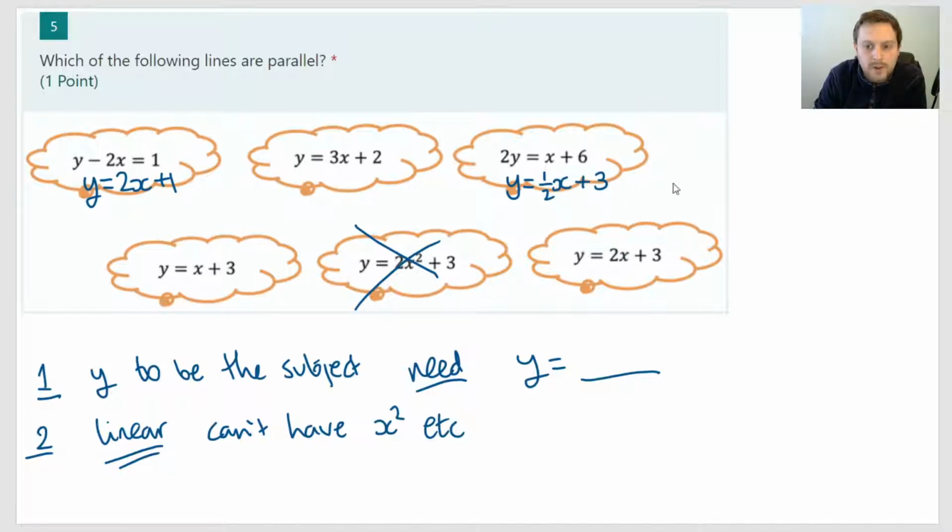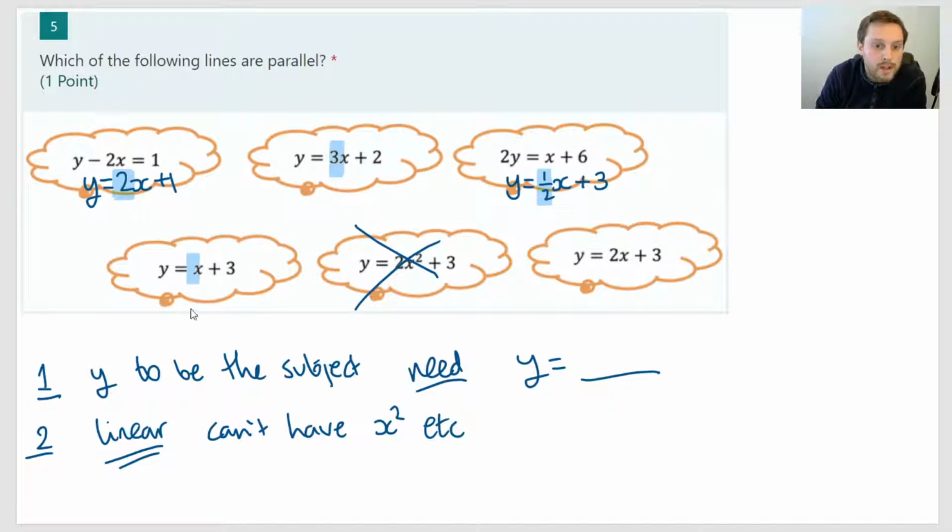And so now the question is how do I know when some lines are parallel? Lines are parallel if they're pointing in the same direction, and that would mean they have the same gradient, which when y is the subject is just the number in front of the x. So we're just going to look for all of these. We've got a 2, a 3, a half. This is technically just a 1.